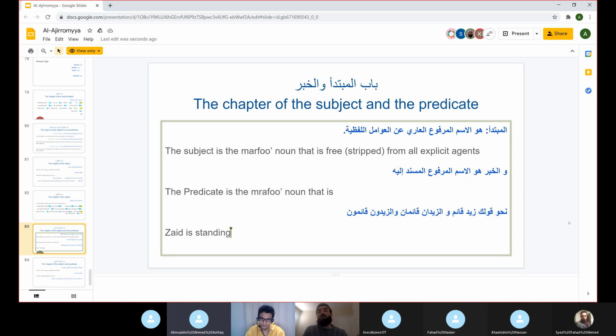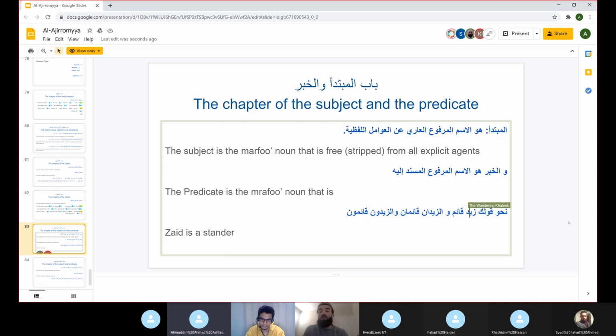If I was to translate it word by word, I would say Zayd is a stander, meaning someone who stands. And now here, Zayd is the subject, and stander is the predicate.